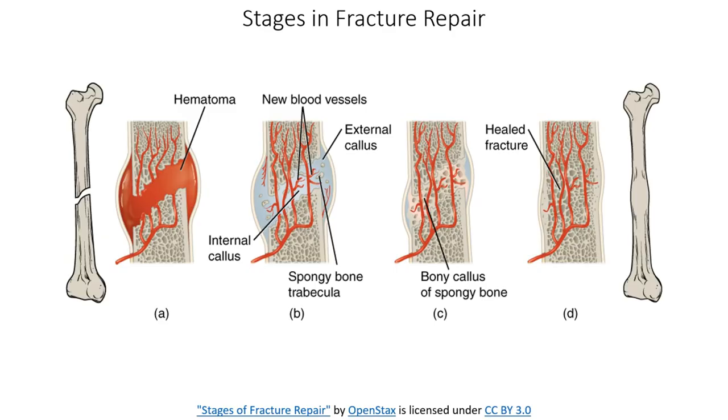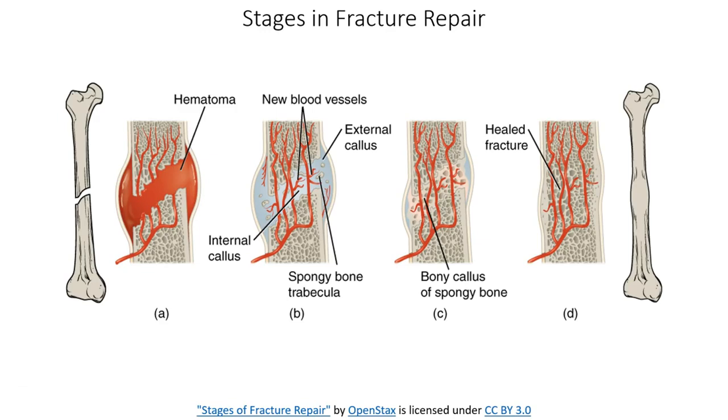So we're going to stabilize that fracture first, and then slowly over several weeks, the osteoclasts are going to reabsorb and get rid of all of that old, damaged, dead bone tissue. So they're going to get that out of the way so that we have space to start rebuilding that bone tissue.